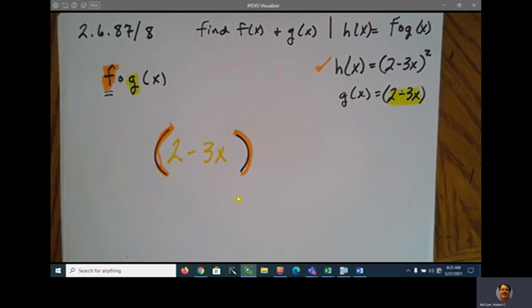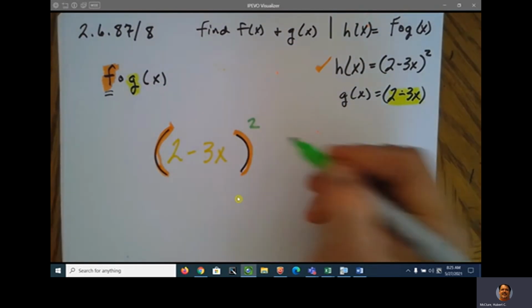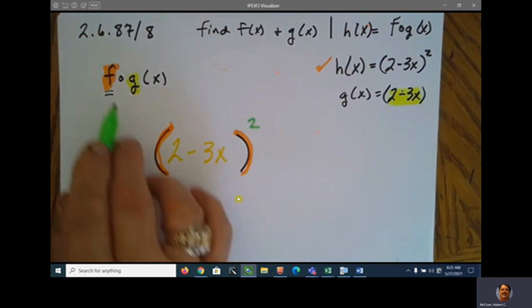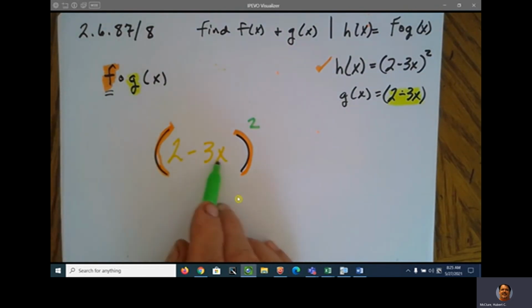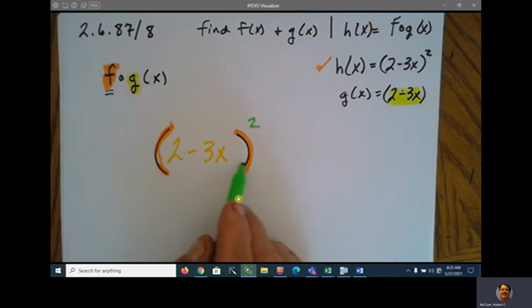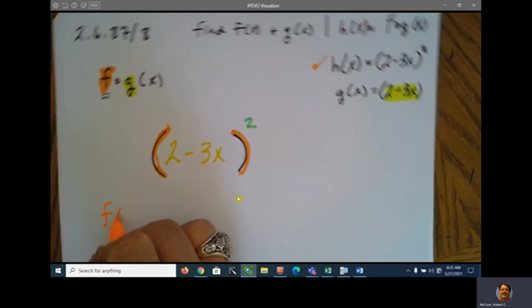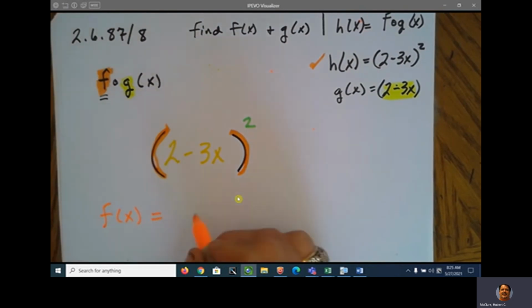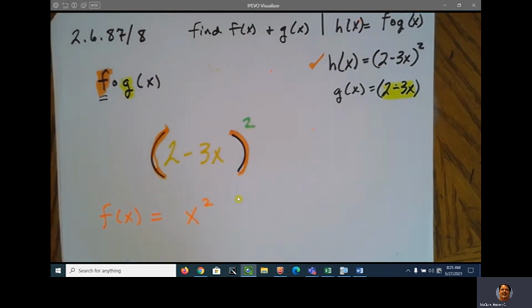So I just add that square. So now if this is F composed of G, I know G is 2 minus 3x, then F is a big set of parentheses squared, which means F of x is equal to x squared.